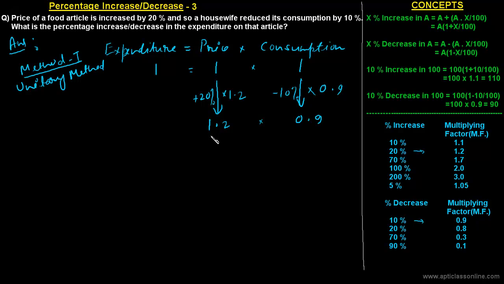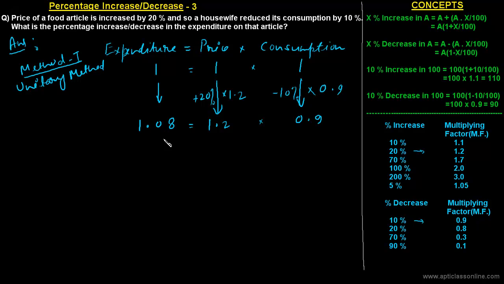So the new price is 1.2. New consumption is 0.9. So the new expenditure will become 1.2 into 0.9, that is 1.08. So the initial value of expenditure, which was 1, has become 1.08.